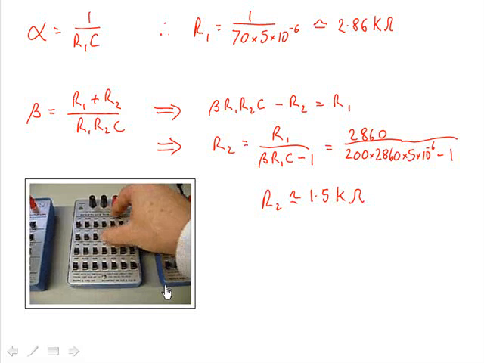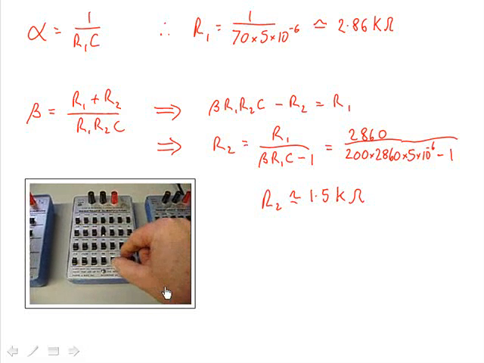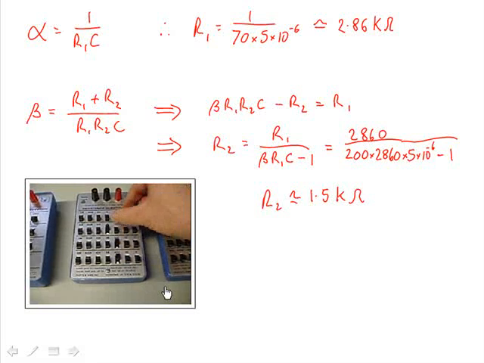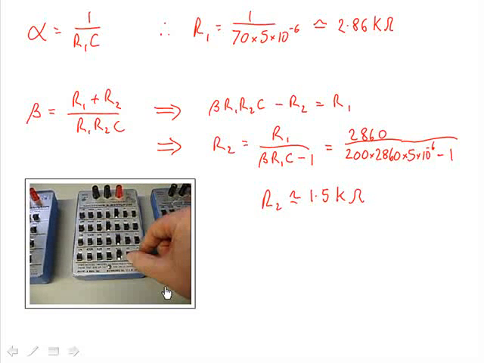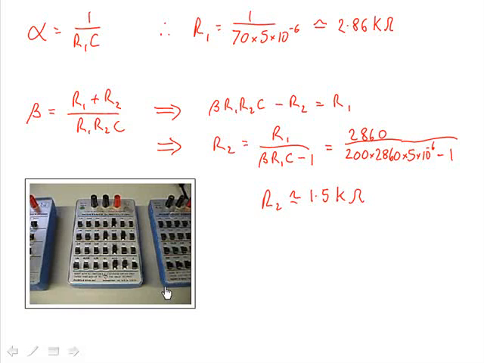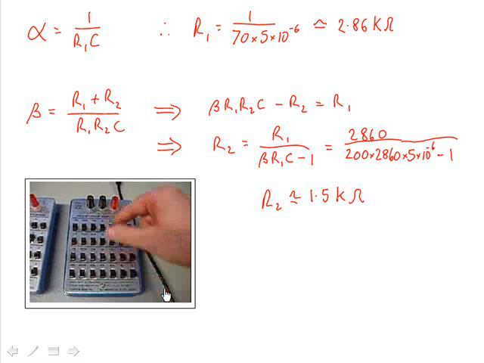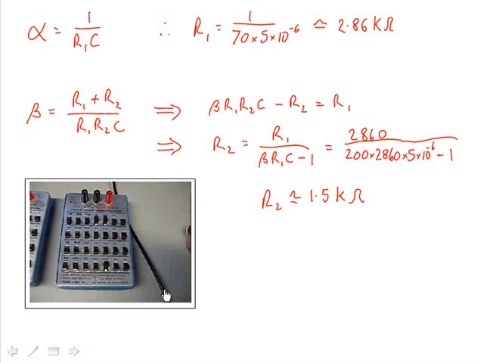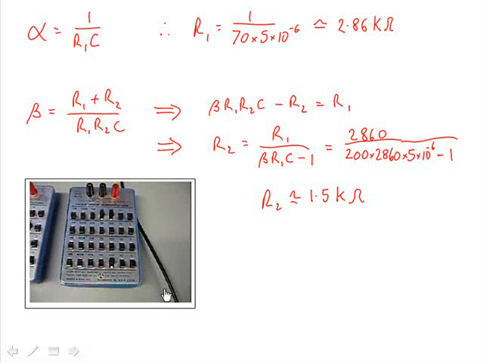We can then set the first resistor value to 2.86 kilo ohms, again adding the different switches together. And finally the R2, again 1.5 kilo ohms.